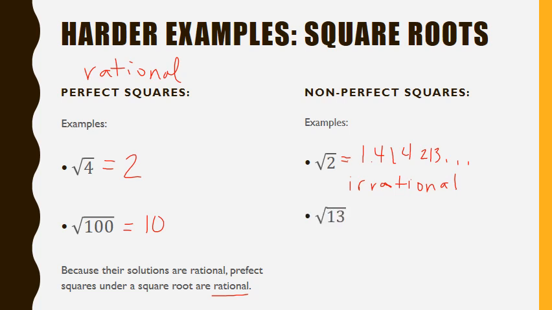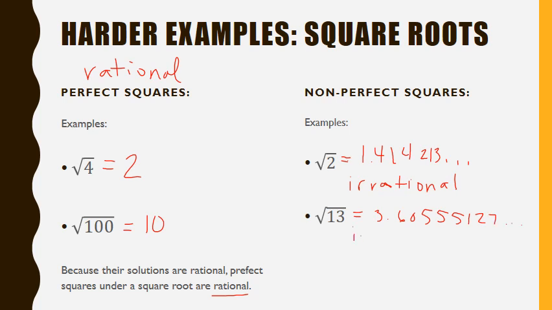Let's try another one. Square root of 13. If I put 13 in and find the square root, I get 3.6055512. It goes on forever too, and it's not repeating.